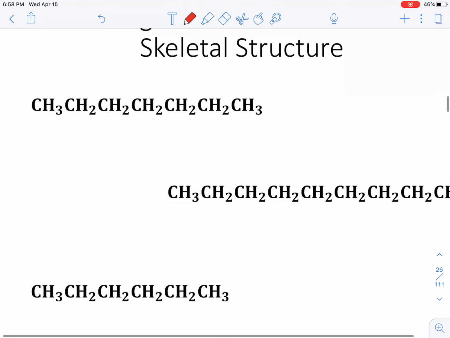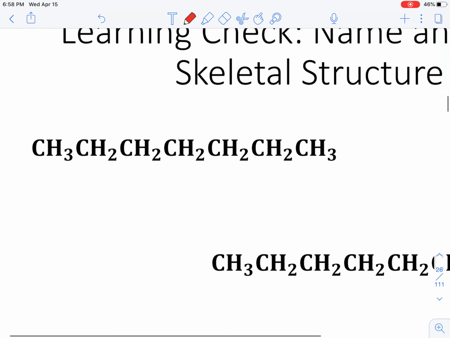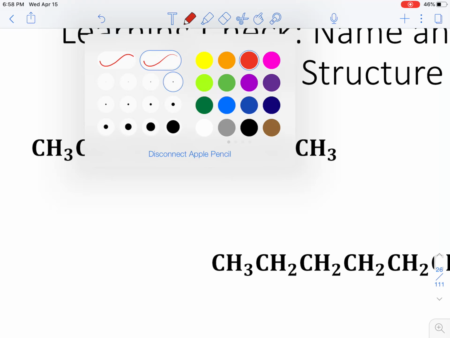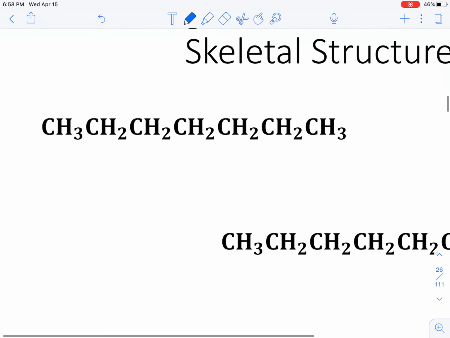All right, so let's go ahead and name and draw the skeletal structures. Here it's given to us in our condensed structure. So notice how all of the single bonds were taken away and we're just left with carbons and hydrogens. And so to figure out the name of this compound, we're just going to simply count the number of carbons.